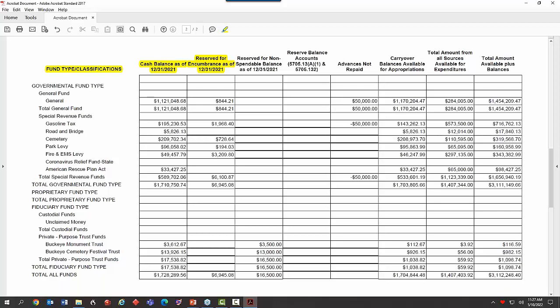So it is carried over, and it reduces the cash balance available to appropriate in the new year because it's going to be spent off of last year's appropriations. So the cash will be the new year cash, but the appropriation is from the prior year.